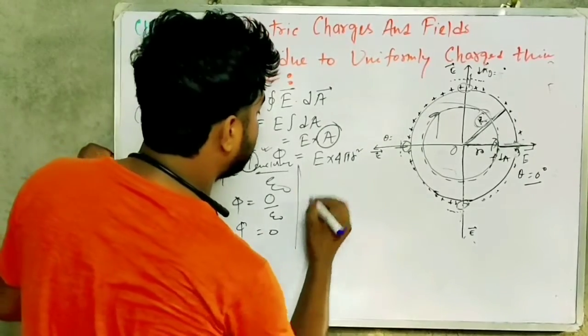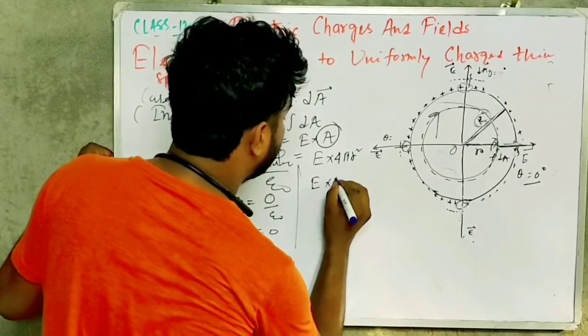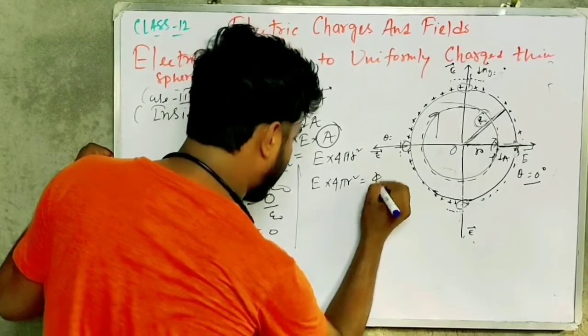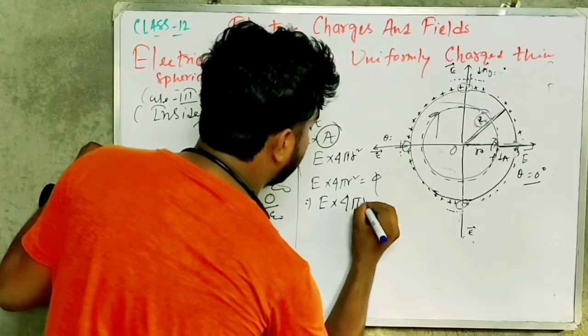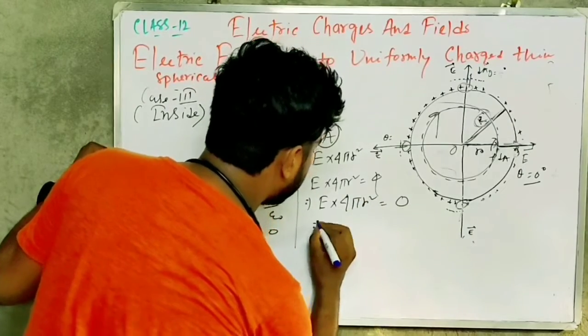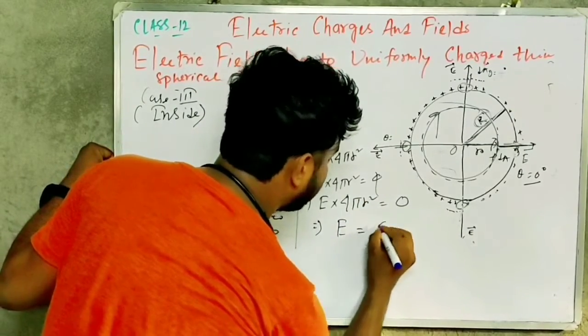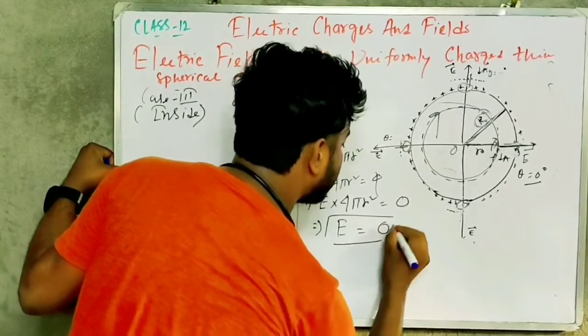Putting the value here, E into 4 pi r square is equal to 0. So the expression of electric field will be 0.